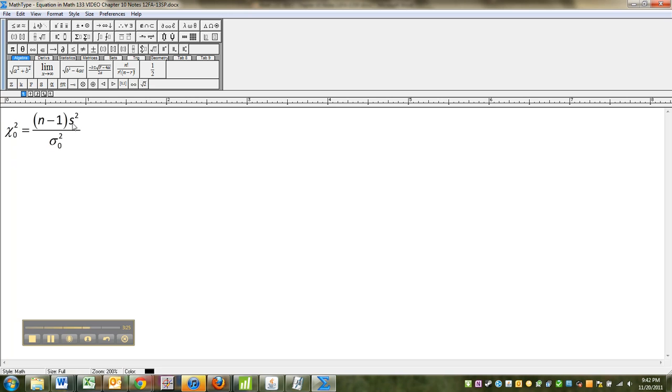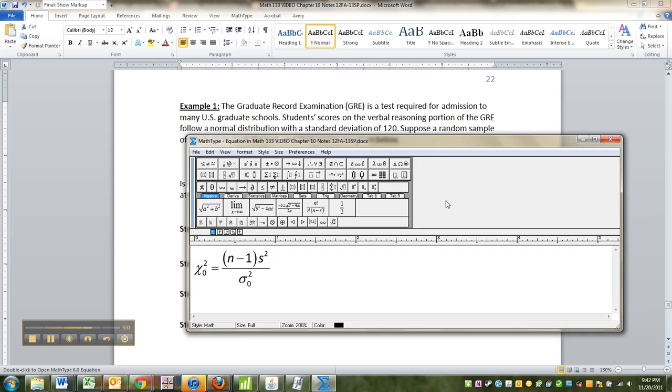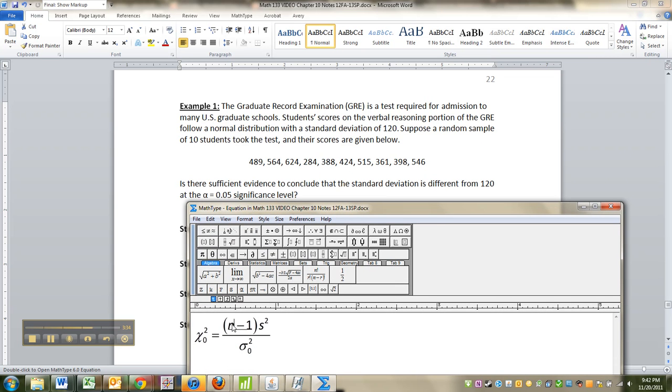We're going to need n minus 1, and we're going to need s squared. So n minus 1, we happen to know because there were 10 scores there, so it's 10 minus 1. And we already found the bottom one, but I'll write it again. It's 120 squared.